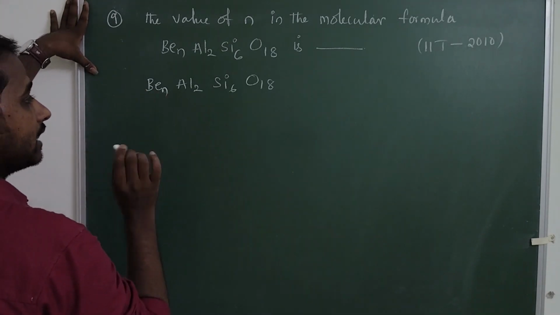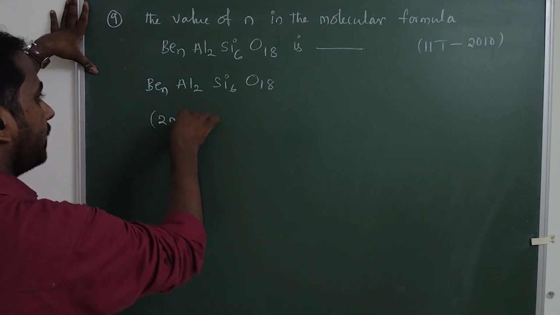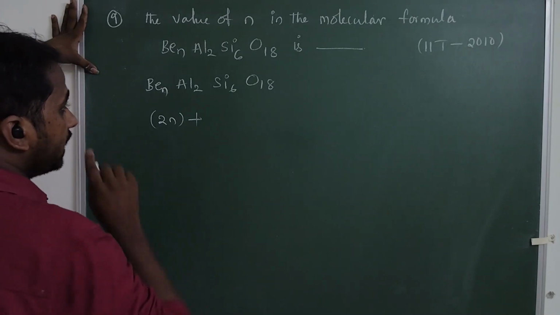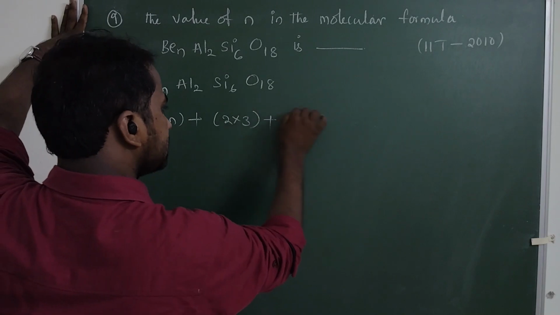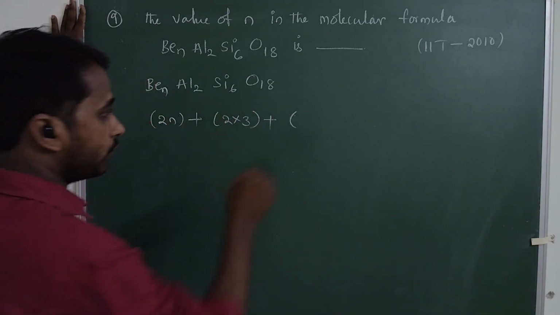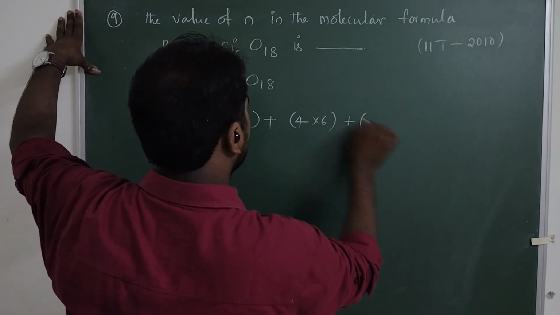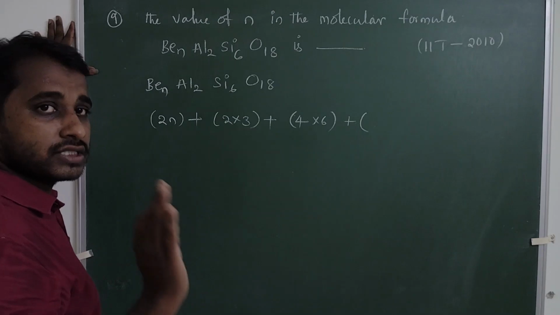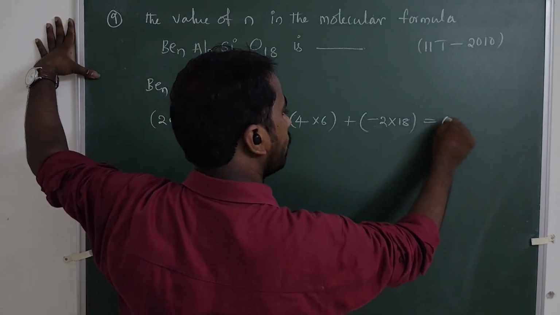How many beryllium atoms, we don't know, so 2n, plus aluminum valency is 3 and there are 2 atoms, so 2 into 3, plus silicon valency is 4 and there are 6 atoms, so into 6, plus oxygen's standard oxidation state, minus 2 into 18, is equal to 0.